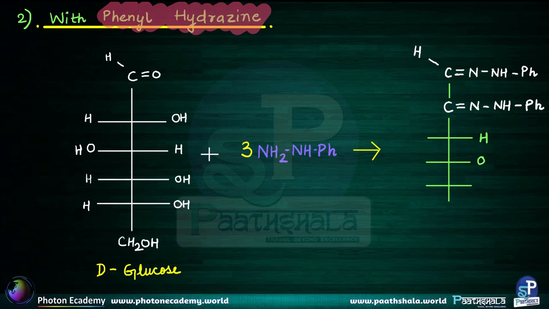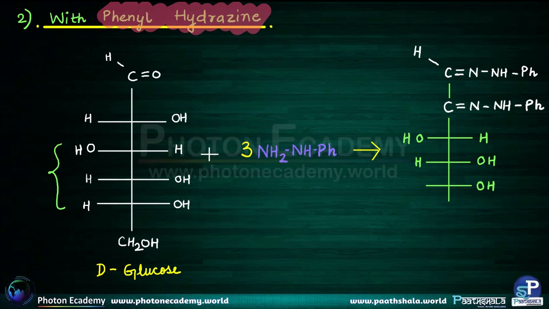So if you look at these 3 carbons, there is no change, and thus the structure looks exactly the same. What we're going to change is the first 2 carbons, and that is going to lead to the formation of a new compound, which is called osazone.